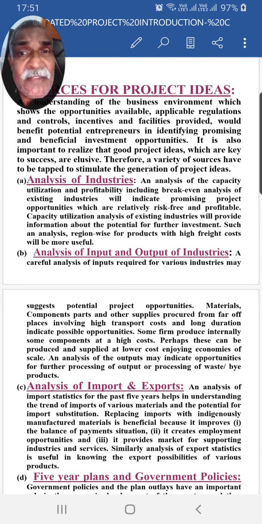So we have to analyze the capacity utilization and profitability, including the break-even analysis of the existing industry, which will indicate promising project opportunities which are relatively risk free and profitable.